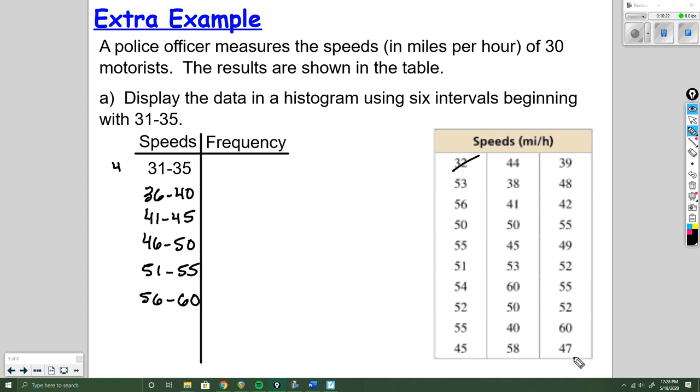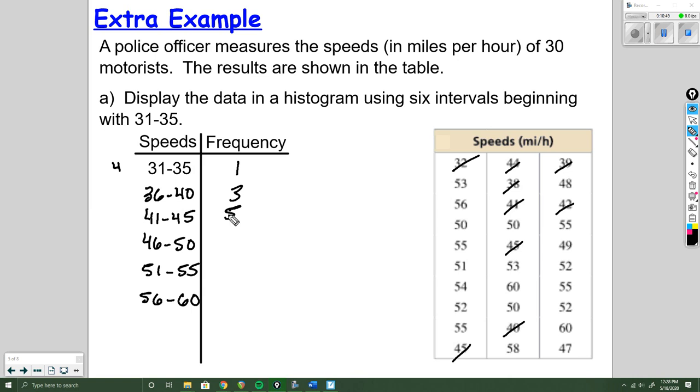That's it, only 1. If we look at 36 to 40 miles per hour, there's 1, 2, 3. If we look at 41 to 45 miles per hour, 1, 2, 3, 4, 5. And that's it, 5 for that one.